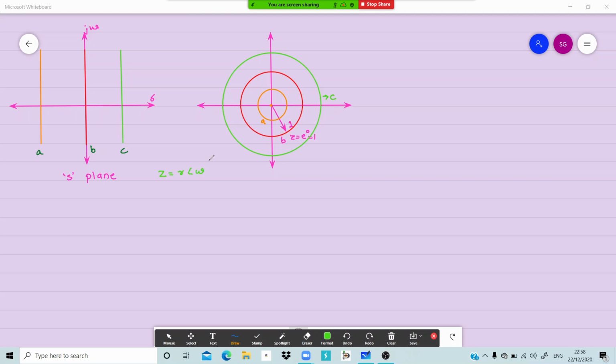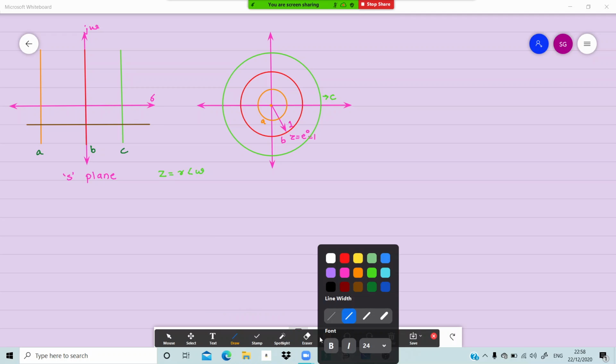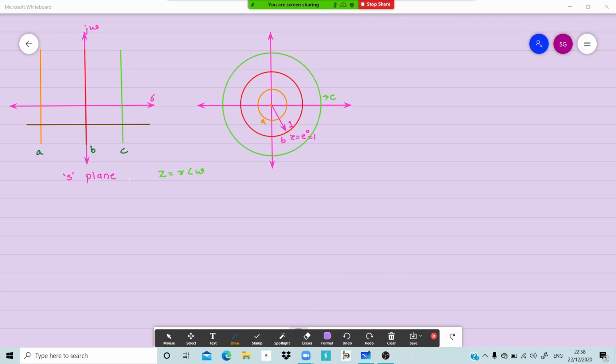Now see, if I draw a horizontal line, let us say I'll name it D and F, and I'll draw horizontal lines. This line I'll name as D, and this line I'll name as F. Now first we'll talk about F. What is happening?